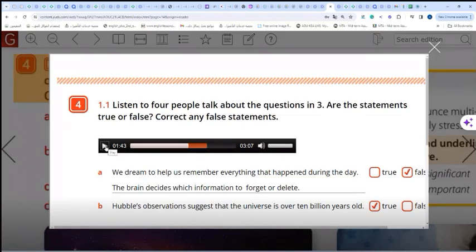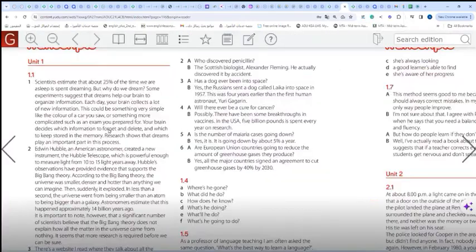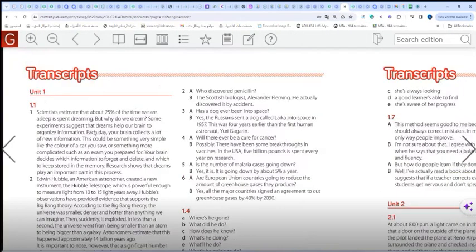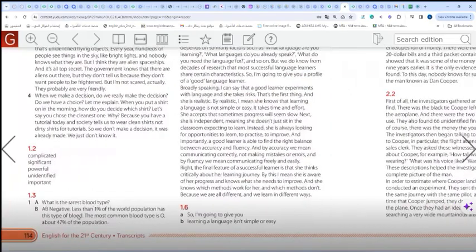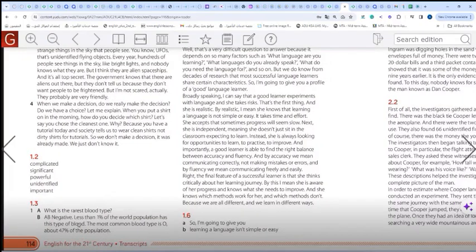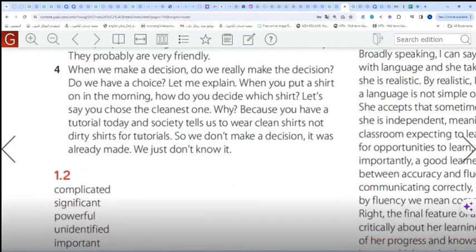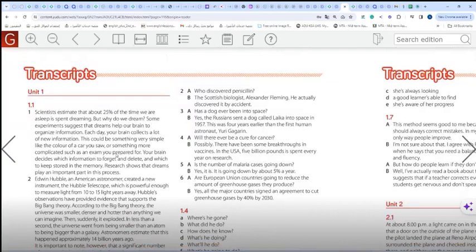10 billion. Yes. So dear students, at the same time, you can make use of the listening transcripts at the end of your course book. On page 114, you can find the listening transcripts.